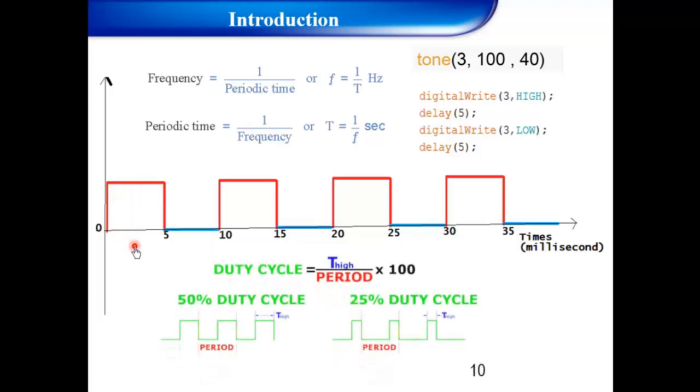Duty cycle equals T high over period times 100. This works with the tone function, a 50% duty cycle, for example 5 milliseconds low and 5 milliseconds high.